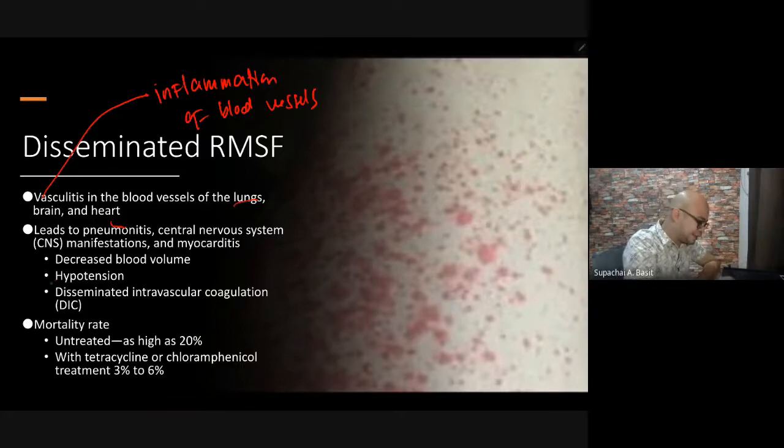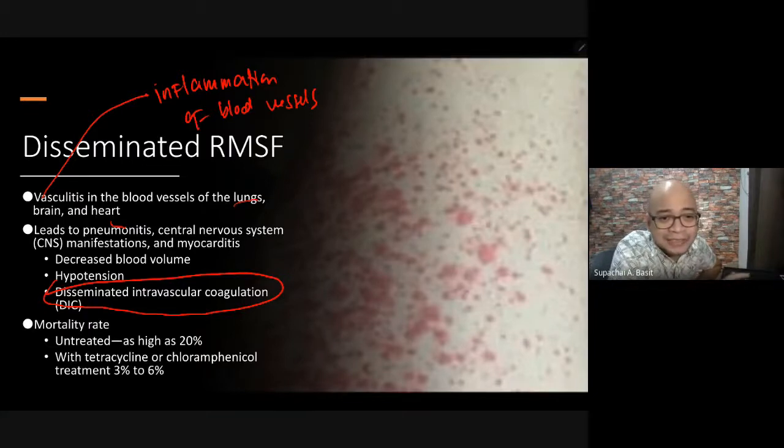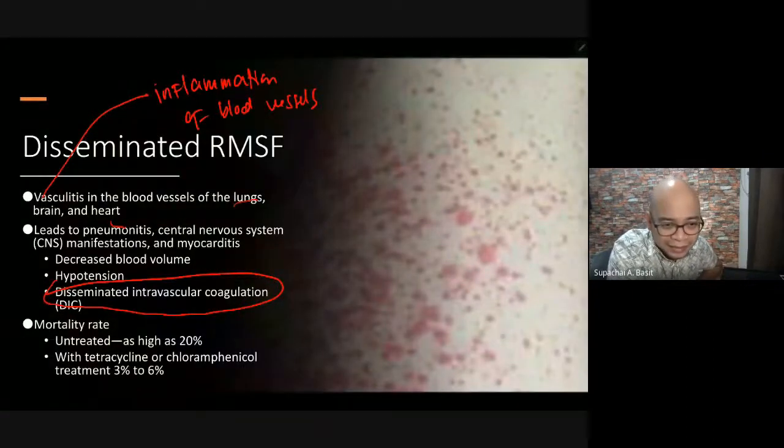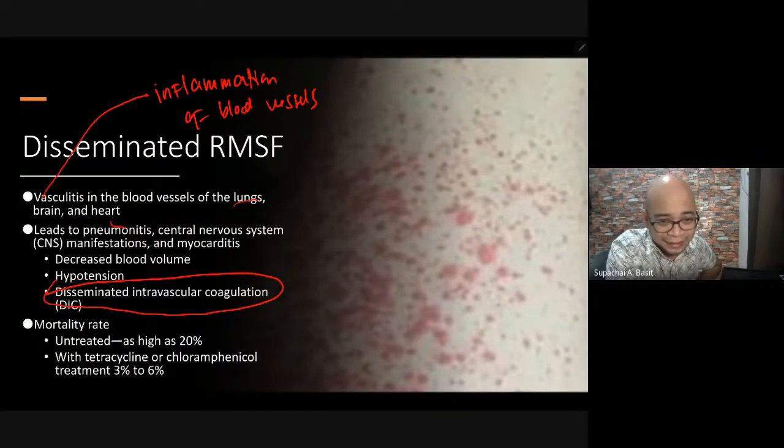And the DIC, meaning to say, when we say DIC, there would be small clots disseminated, okay, in various blood vessels of our body. And perhaps this is the reason why there are rashes all over the skin because of the DIC.